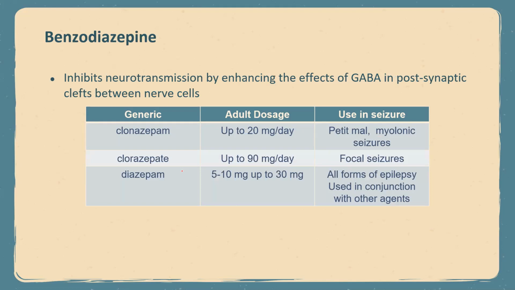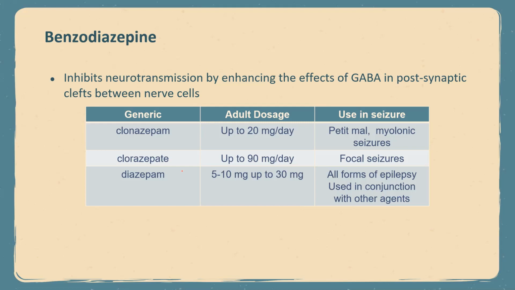On the other hand, we have our benzodiazepine, which inhibits neurotransmission by enhancing the effects of GABA in post-synaptic clefts between our nerve cells. Remember, we also have your clonazepam.